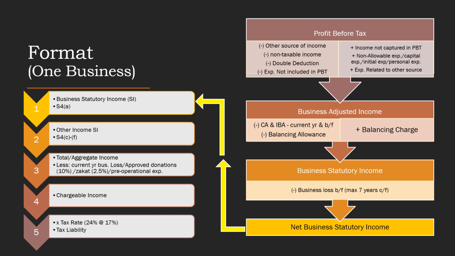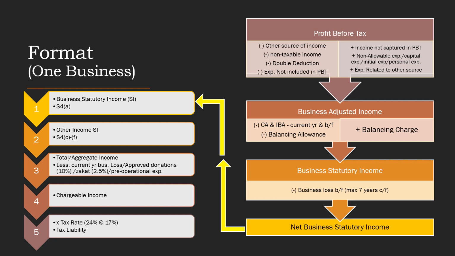Then when we arrive at business adjusted income, we will calculate to arrive at business statutory income by taking account all the capital allowances or industrial building allowances, balancing allowance, and add the balancing charge. So business statutory income, actually we can deduct the previous year's loss or loss brought forward.